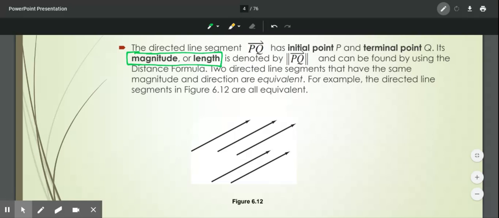Meaning if every vector got its own horizontal line drawn underneath it, the angle between the vector and the horizontal line would be the same for every vector. So when your magnitude is the same and your direction is the same, your vectors are equivalent regardless of where they're floating out in space.